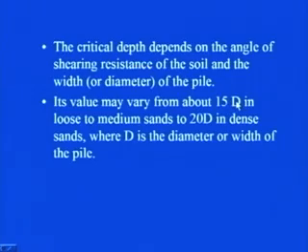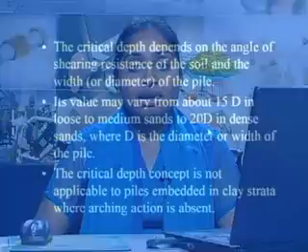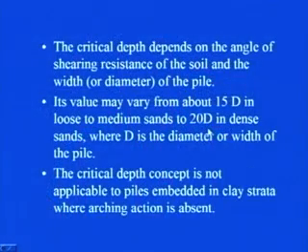If the diameter of the pile is say 1 meter, in loose to medium sand the critical depth can be approximately 15 meters, and in dense sand it can be of the order of 20 meters. This critical depth concept is not applicable to piles embedded in clay strata where the arching action is absent.